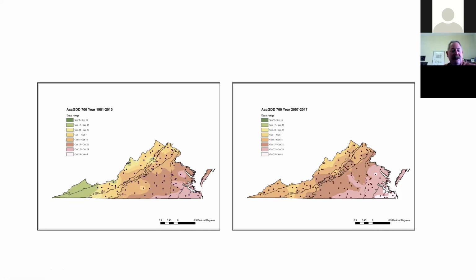My point here is that we are accumulating more heat units in the fall in the recent past than we did in the historic past, which has some implications for our planting dates. If 25 years ago the optimum date in your region was October 21st, these days, on average, it's probably October 27th, 28th, 29th. It's just a little bit later.